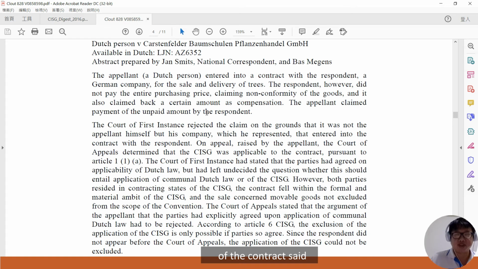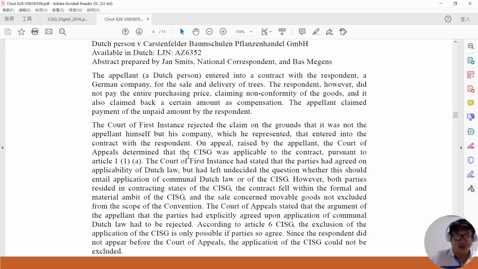So he refused to pay the full amount. But the seller argued that the trees did conform to what he had promised, so he claimed the rest of the amount.